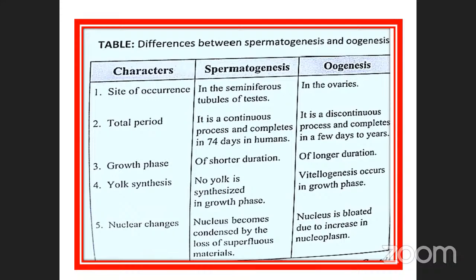Where it takes place: seminiferous tubules and ovaries. Yolk synthesis is present only in oogenesis. The egg has yolk, but the sperm has no yolk. The nucleus becomes condensed in sperm, but in the egg the nucleus is bloated due to the increase in nucleoplasm.